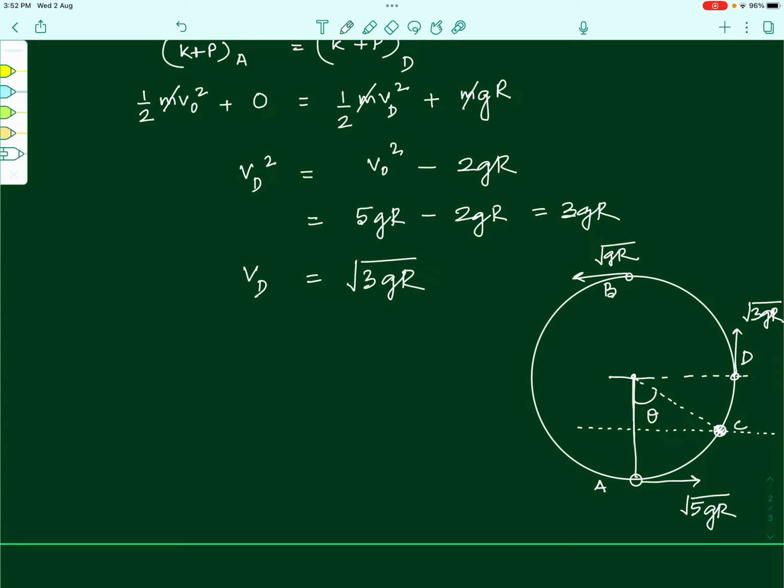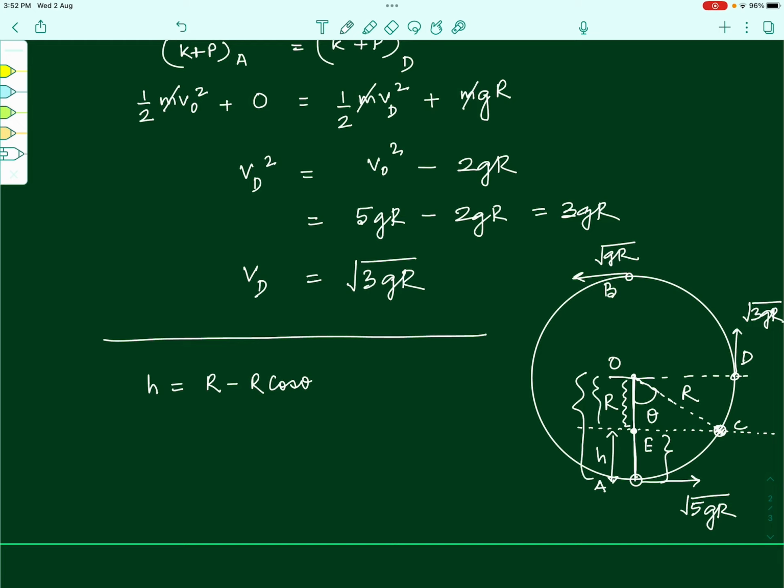If the radius of this circle is R, understand that the length OC will also be R, and in that case this height h that we are looking for can be written as R minus this length, which will be nothing but R cos theta, isn't it so? So, if I call this point, let us say, the point E, the length EA will be equal to the length OA minus OE, right. This is what we have written over here.